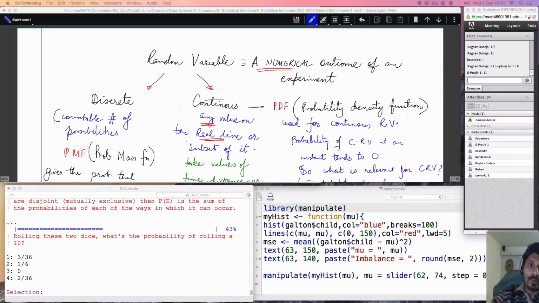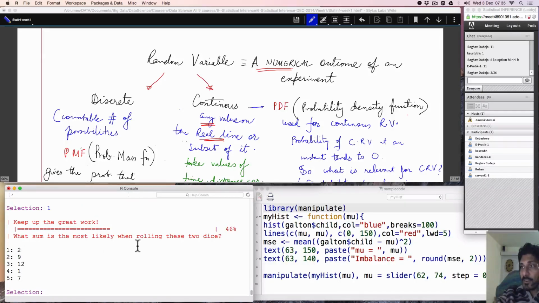Rohan says outcome is a happening, output is an effort. Outcome is something that has just happened; output is what you will derive out of that outcome. Here it is 3 by 36, because 10 can come as 5,5, 5,4... actually 4,6 and 6,4, so three outcomes out of 36.